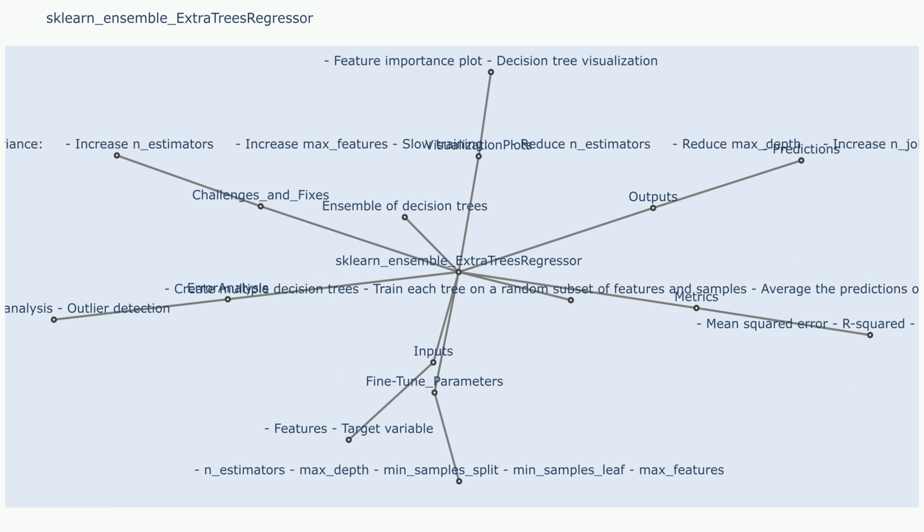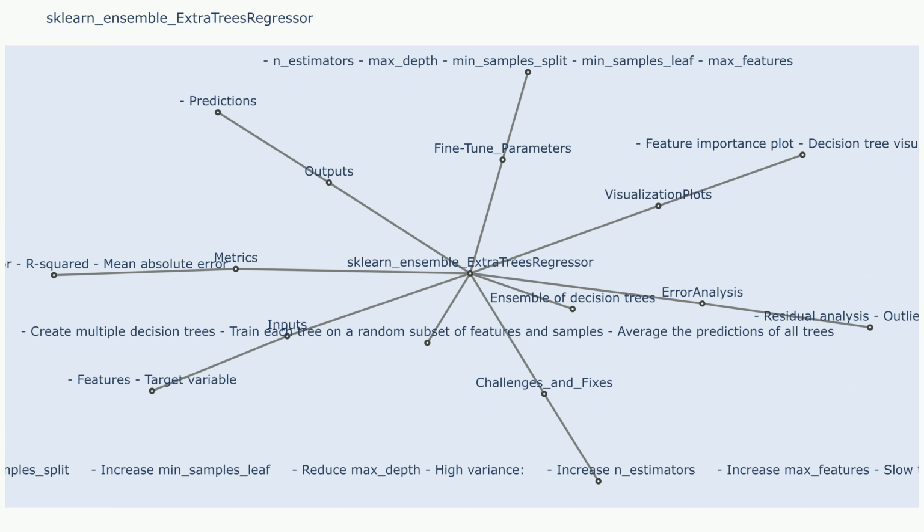Metrics. Mean squared error. MSE measures the average squared difference between the predicted and actual values. It's a common metric for regression tasks, emphasizing larger errors. R squared represents the proportion of the variance in the target variable that is explained by the model. A higher R squared value indicates a better fit. Visualization plots.